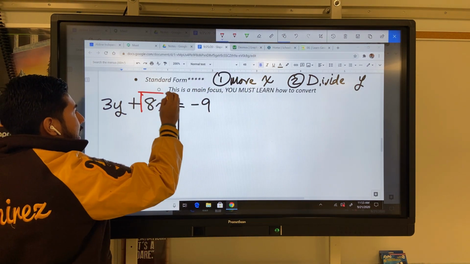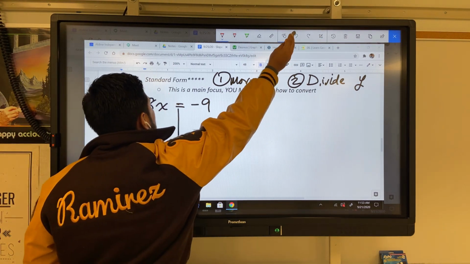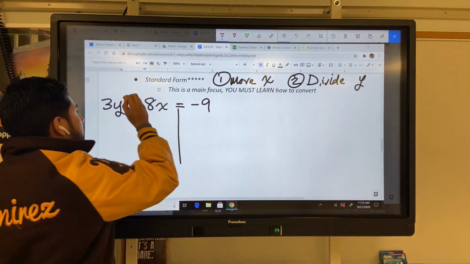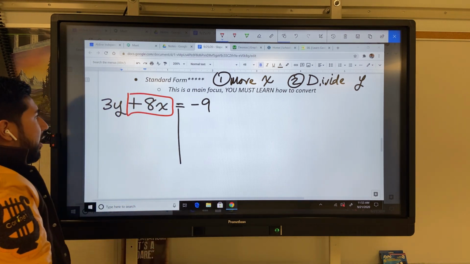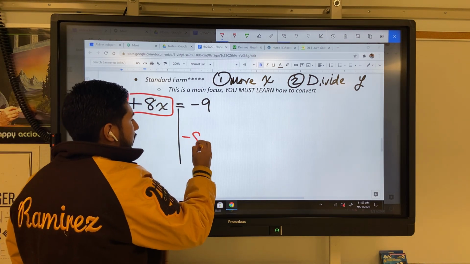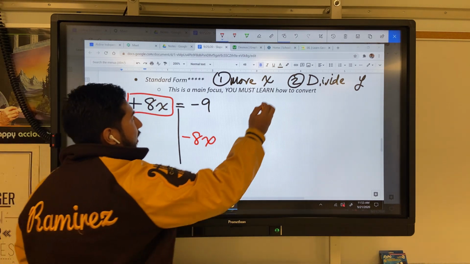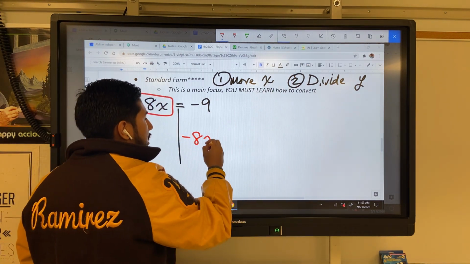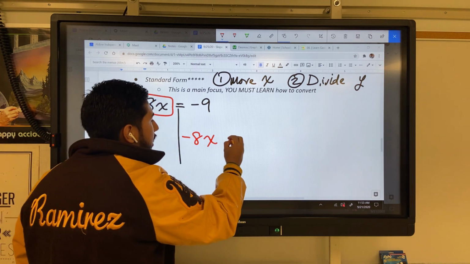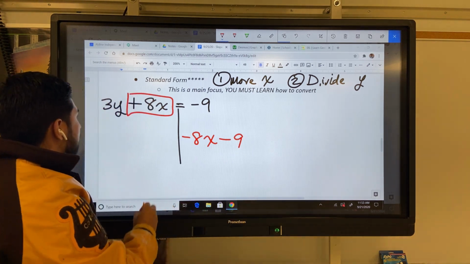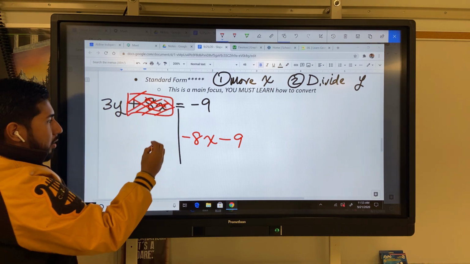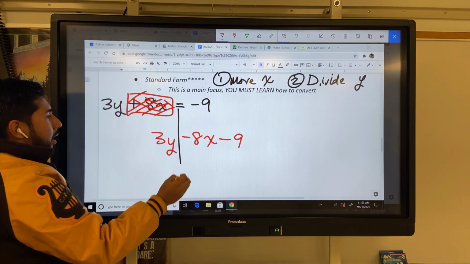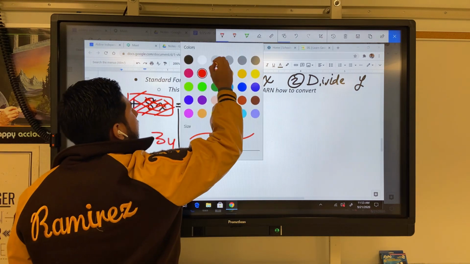I'm moving this 8x. Moving this positive 8x. Moving the positive 8x turns into a negative 8x. Bringing down the negative 9. This crosses out, no longer need it. Bringing down the 3y. And then we divide by the y.